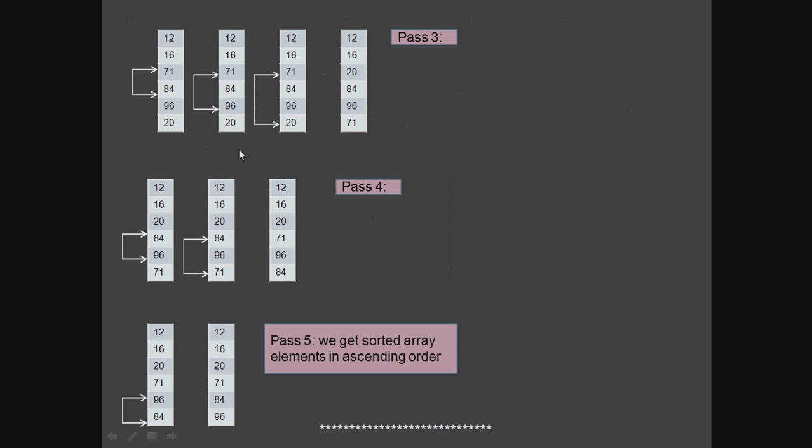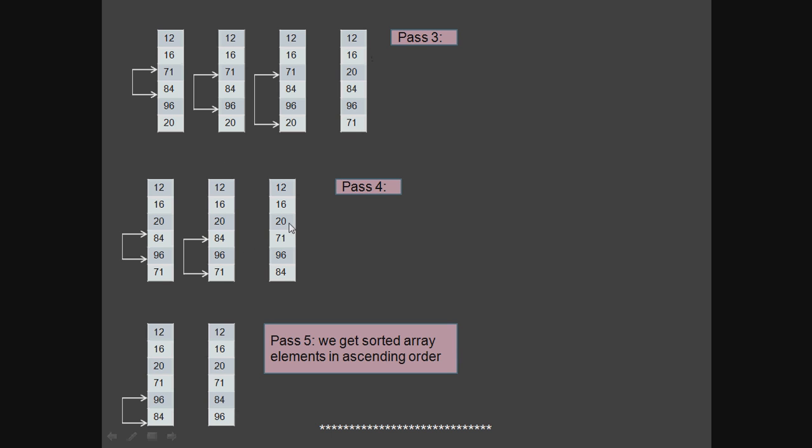Again, the third element will be compared with the rest of the elements in the third pass. At the end of the third pass, the third lowest value will be in the third array element.